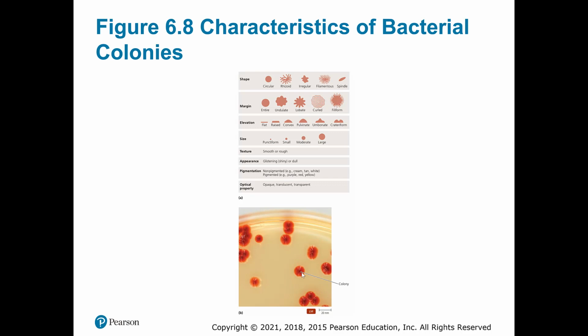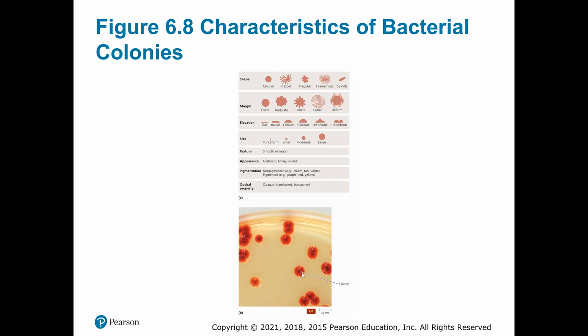So colonies can have their own morphology. We talked a little bit about morphology in a previous chapter, but we were talking about the shape of individual bacterial cells. So back when we were talking about bacillus and cocci and things like that, those are morphologies, those are shapes of individual cells.